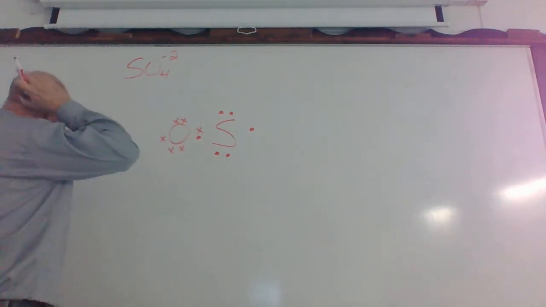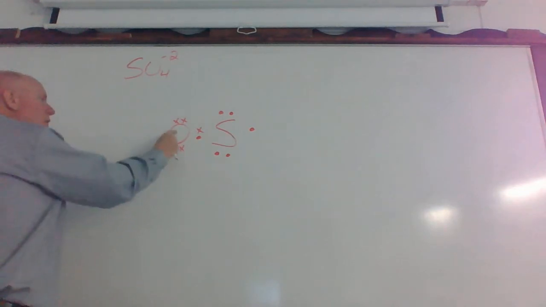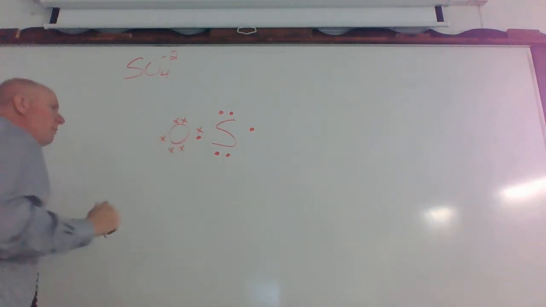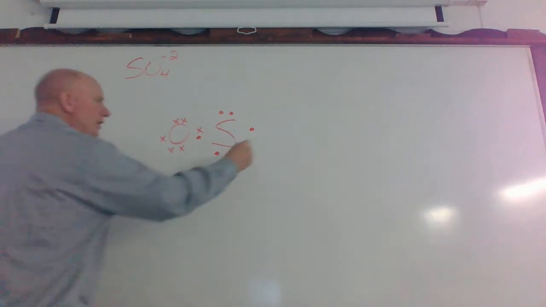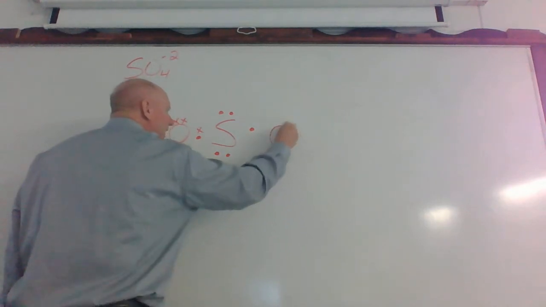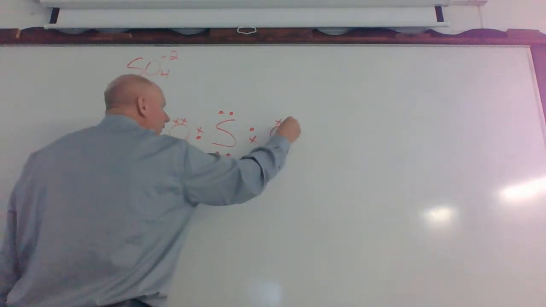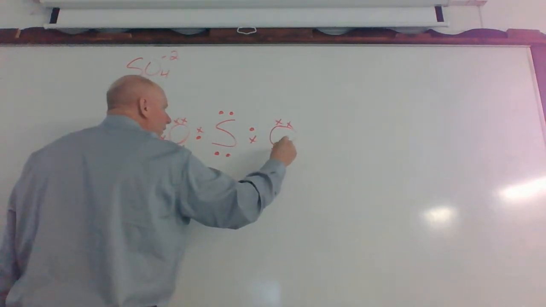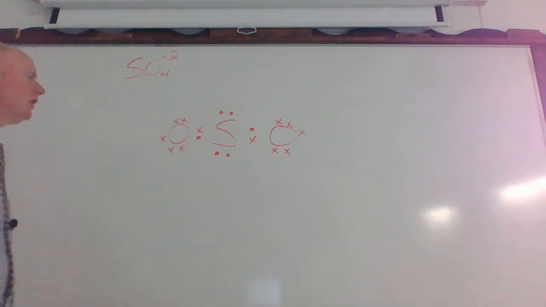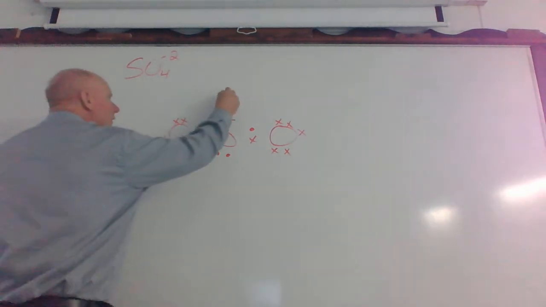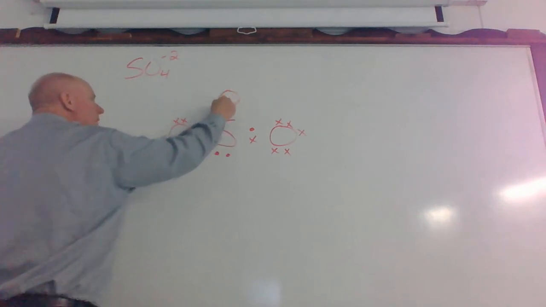Okay, now where? I know we're one short, but we'll come back to that. Now where? Okay, we're getting the easy ones out of the way. How would we make a bond here?